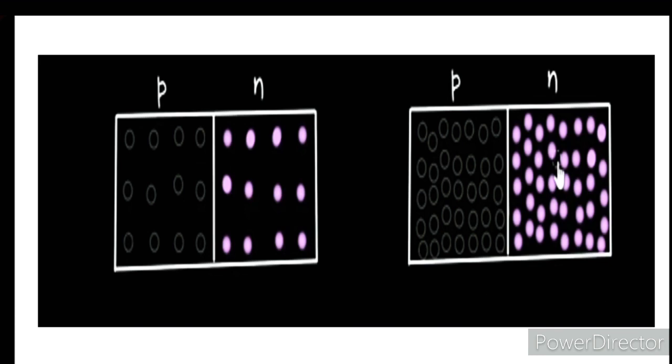Similarly, holes diffuse from P-type to N-type, and some create covalent bonds and some lose their charge and acquire the opposite charge. These opposite-charge electrons and holes come to the center and create the covalent bond.